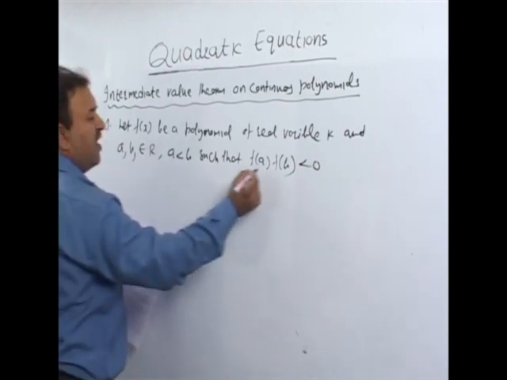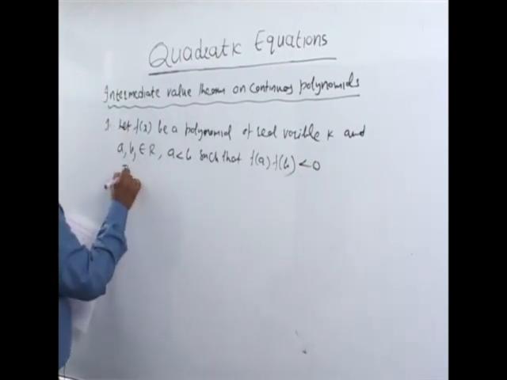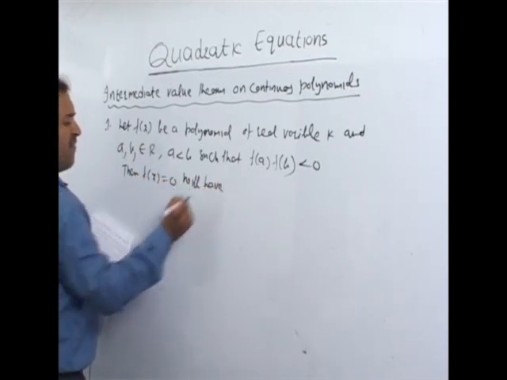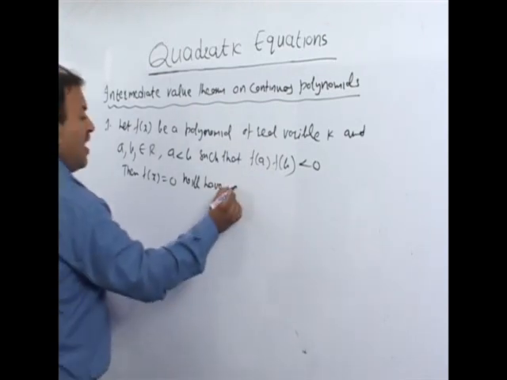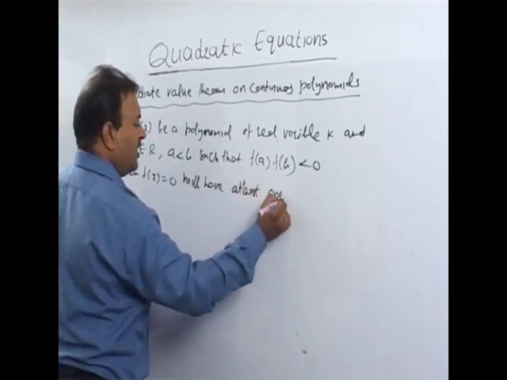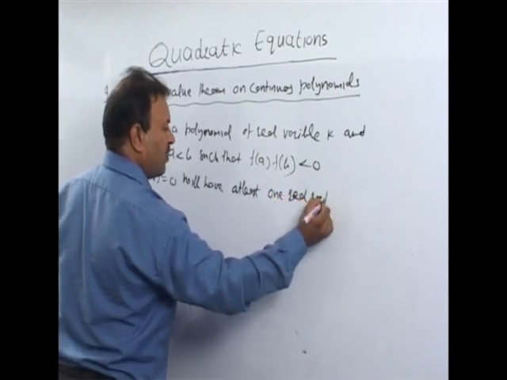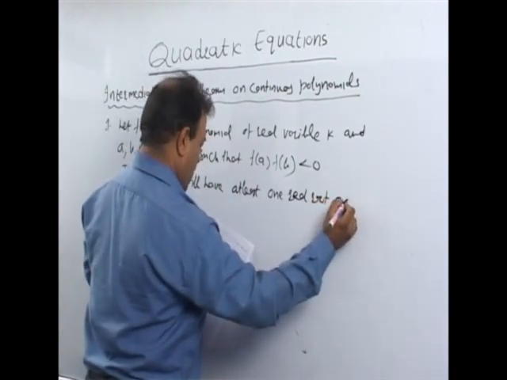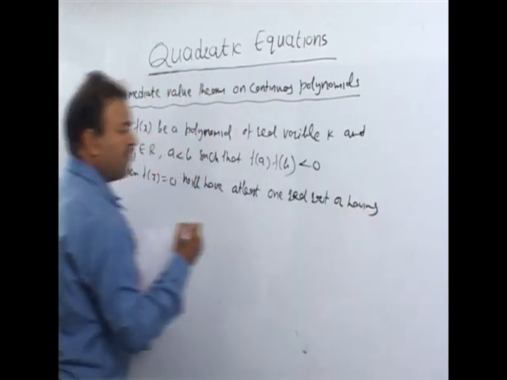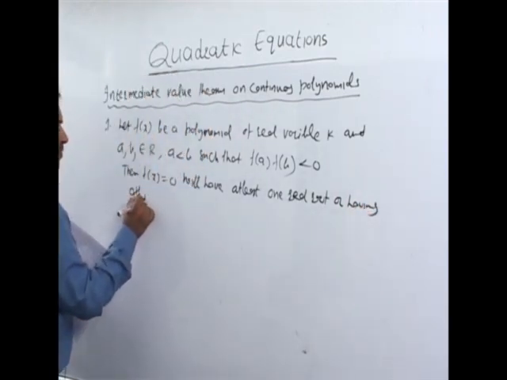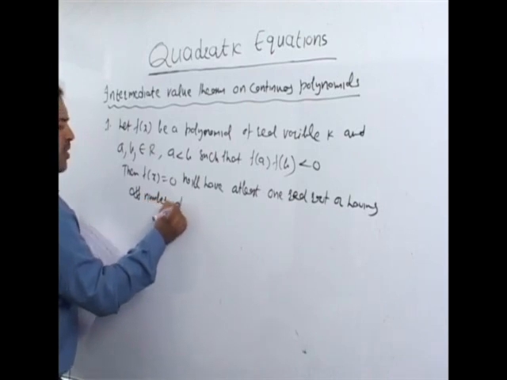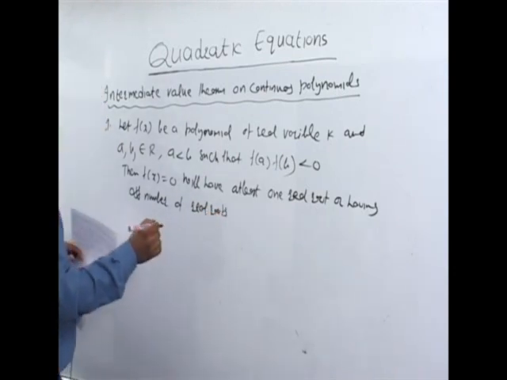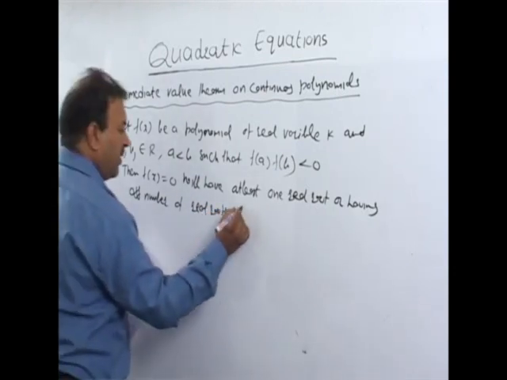Then, such that f(a) f(b) is less than 0, then f(x) equal to 0 will have at least one real root, or an odd number of real roots, between a and b.